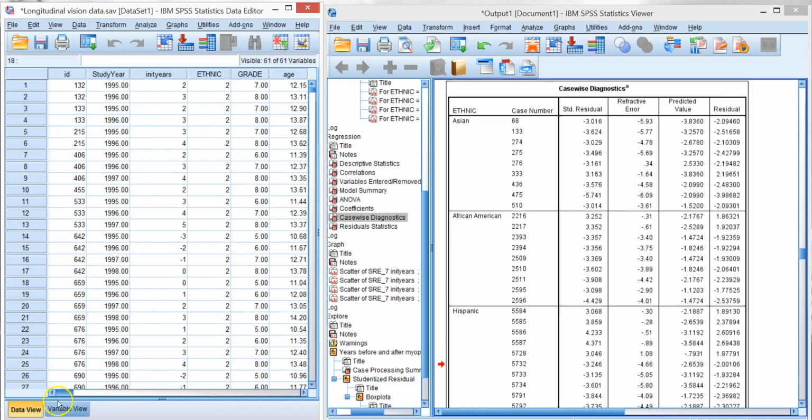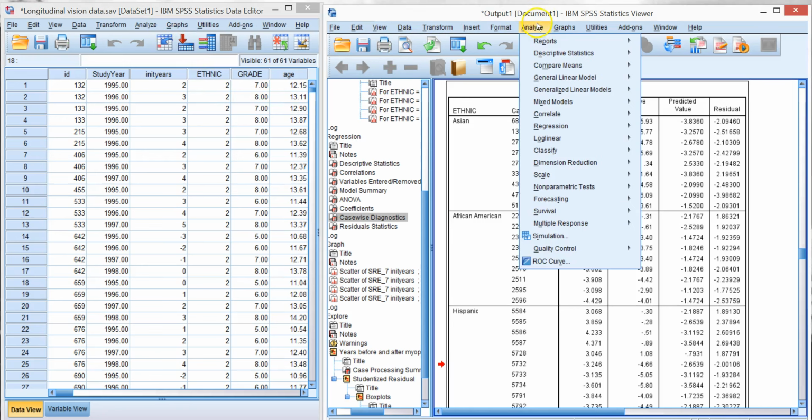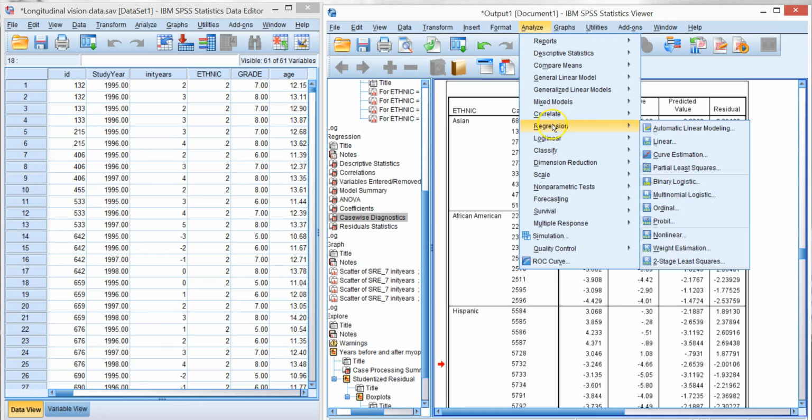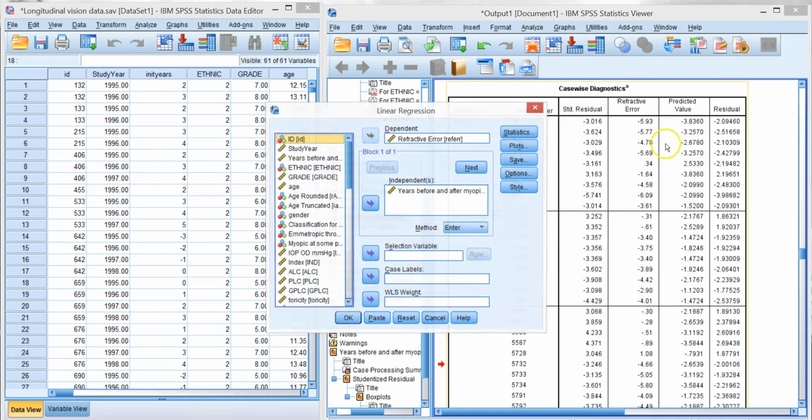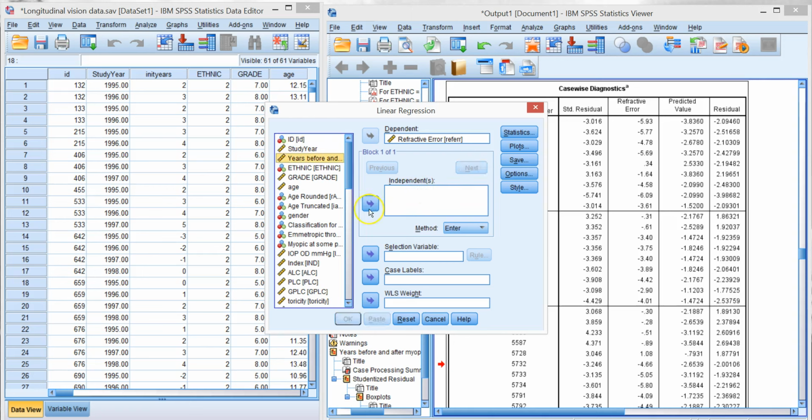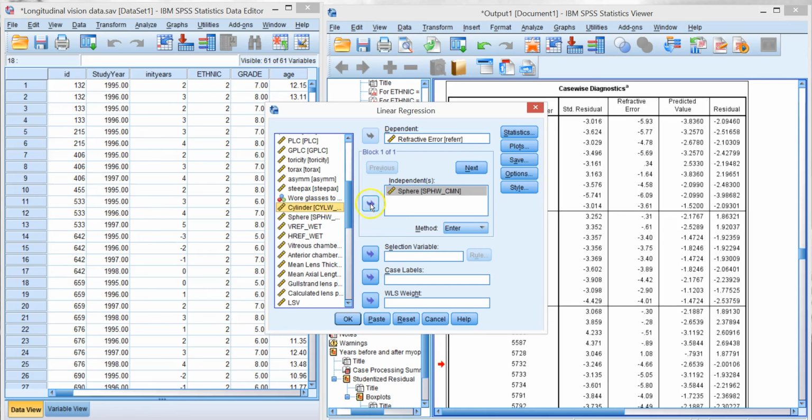So let's do a regression of refractive error. Linear regression, refractive error. And let's put in as our independent variables sphere and cylinder.